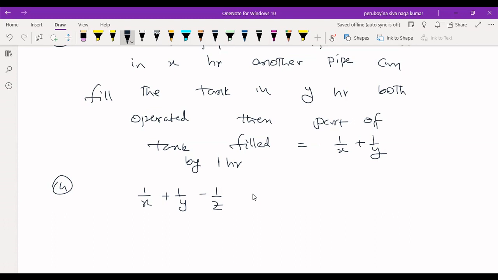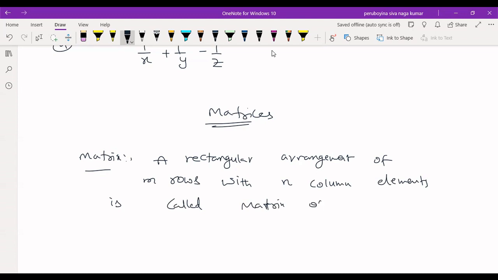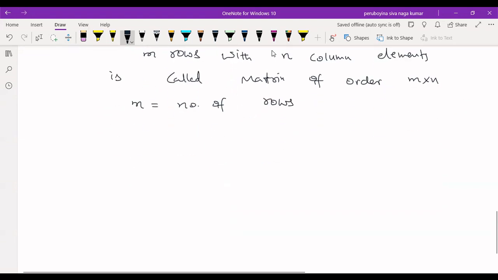First we will define a matrix. A rectangular arrangement of mn elements in the form of an ordered set of m rows, each row consisting of an ordered set of n columns, is called a matrix of order m by n, where m is equal to the number of rows and n is the number of columns.